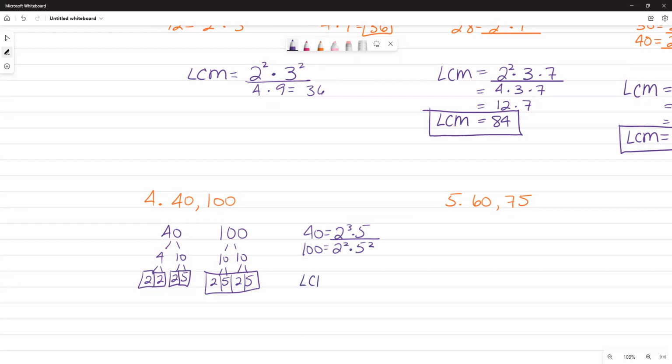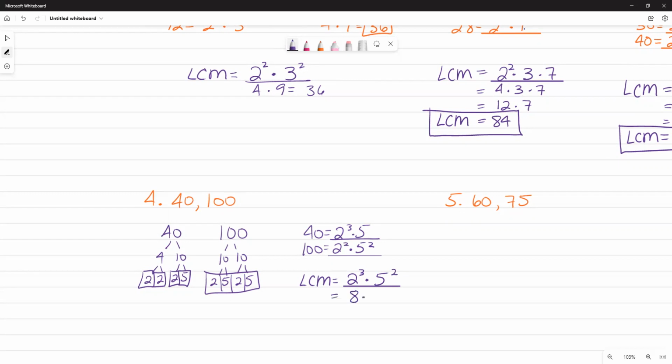All right, so least common multiple. What are all the given prime factors in these 2 numbers? We have a 2 and we have a 5. Well, what's the highest exponent of all of the 2's? Cubed. And the 5? 5 squared. Right.